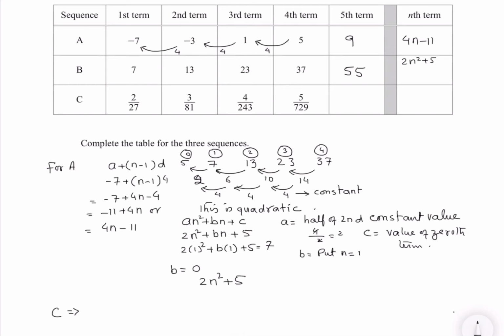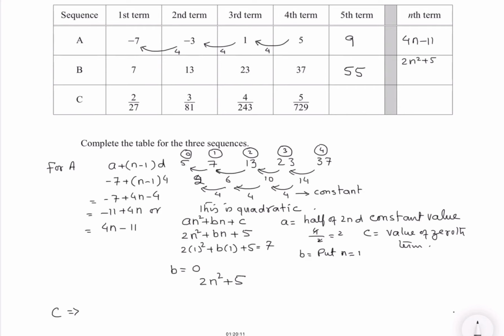Okay, the sequence C is neither linear nor quadratic, so you have to be very intelligent on this sequence. And intelligence always comes by practice. So you have to look carefully at the sequence, and this is a hit and trial sequence.